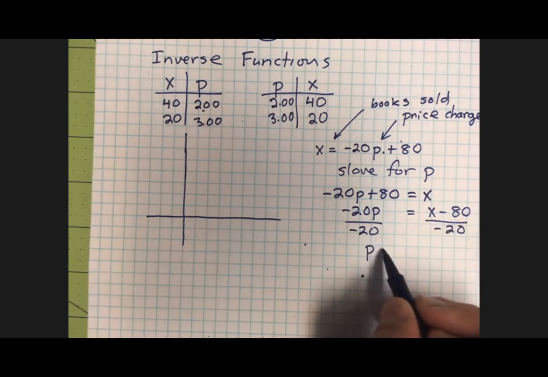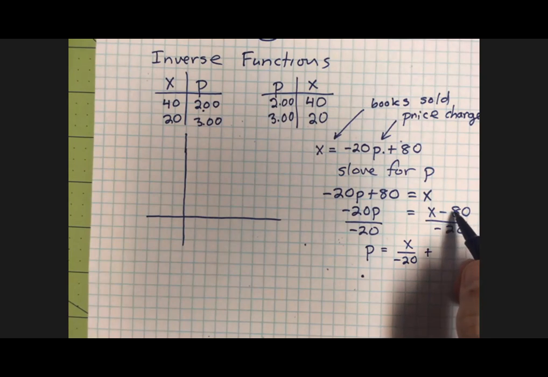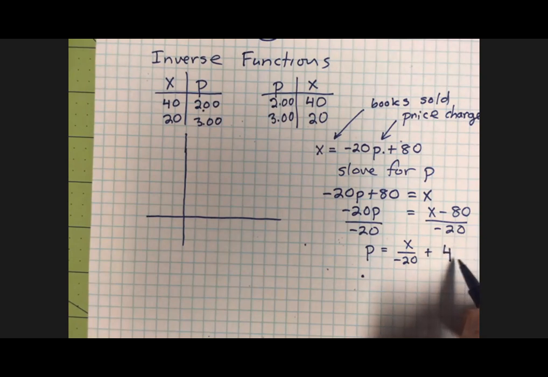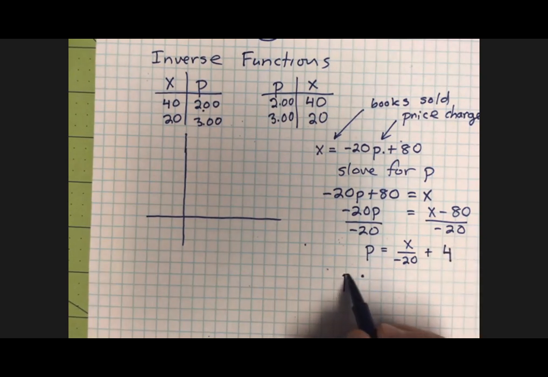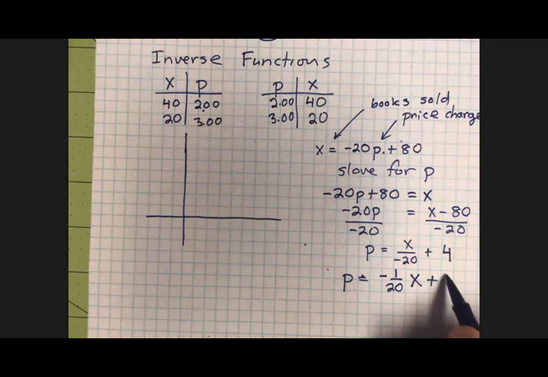You could say P is X over minus 20 plus negative 80 over minus 20. Negative 80 divided by negative 20 is plus 4. You could say P is, if you want to think in terms of a line, minus 1/20th X plus 4.